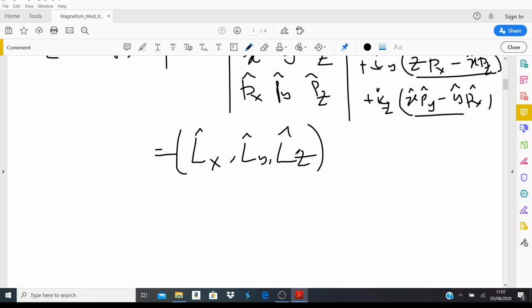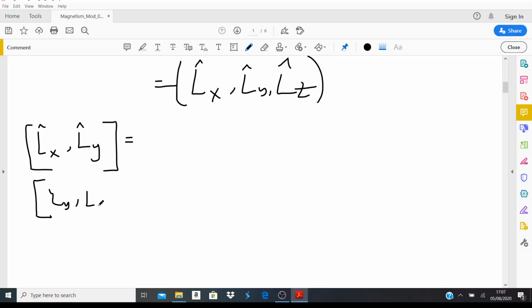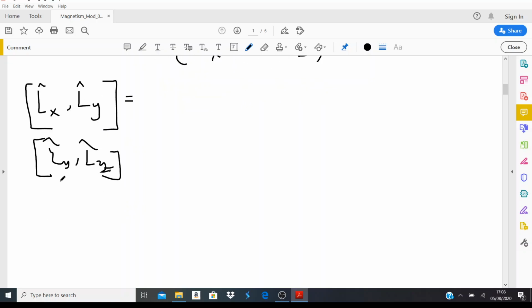The next thing you need to know about these operators is the commutation, right? And you remember how the commutation is defined. We need to know the commutation between Lx and Ly, between Ly and Lz, and between Lz and Lx, right?